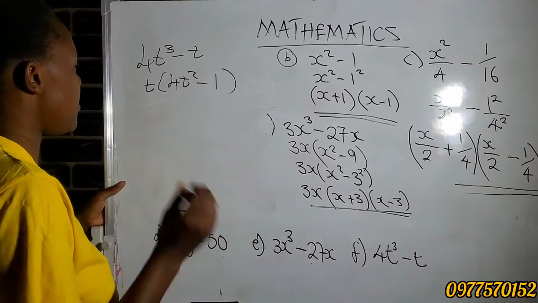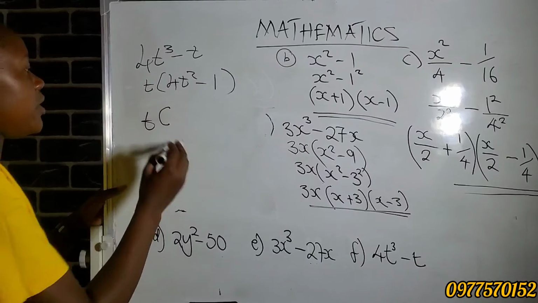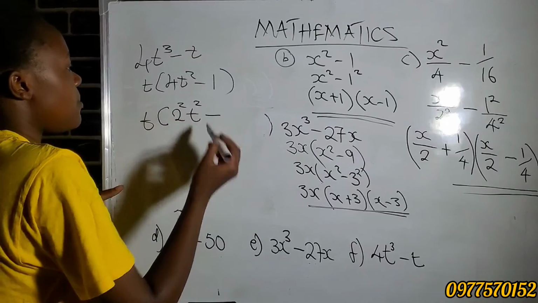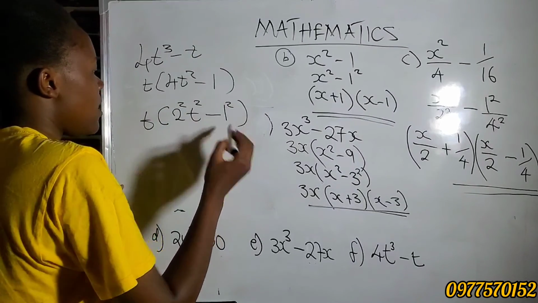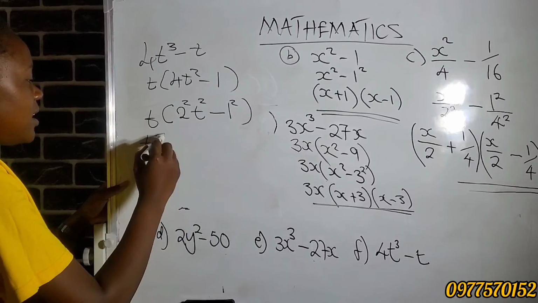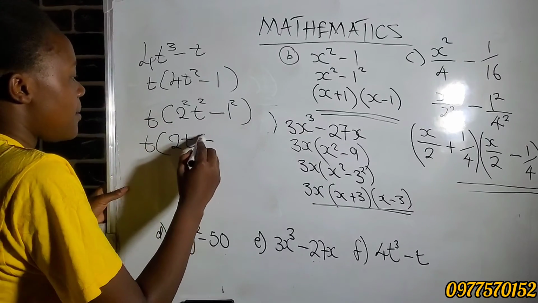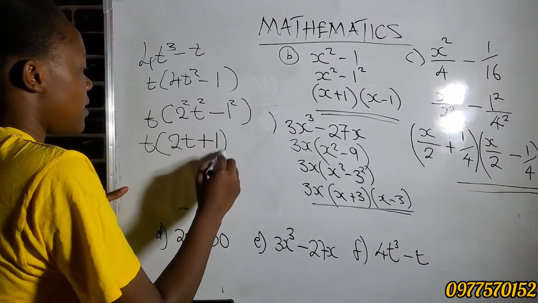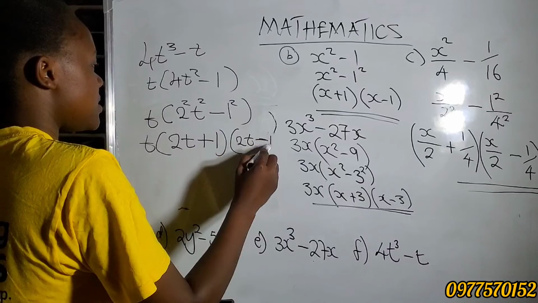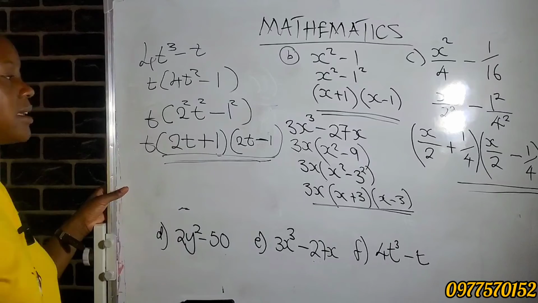So when we look at what we have here, it is the difference of 2 squares. 4 can be written as 2 squared, t squared minus 1 squared, close bracket. When we reach this stage, write t, open bracket, 2t plus 1, 2t minus 1. We close bracket, and this is our final answer.